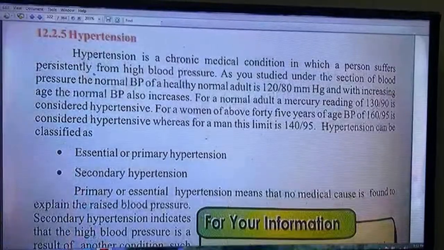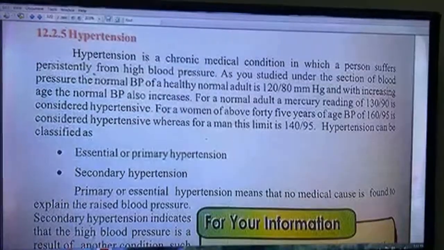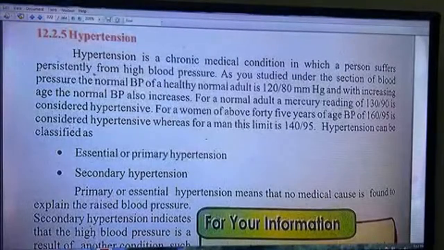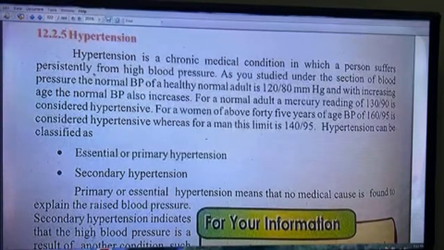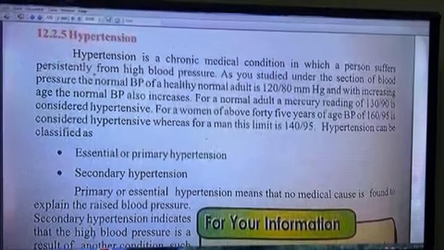Hypertension. Hypertension is a chronic medical condition in which a person suffers persistently from high blood pressure. As you studied under the section of blood pressure, the normal blood pressure of a healthy normal adult is 120/80 millimeter Hg, and with increasing age, the normal BP also increases.